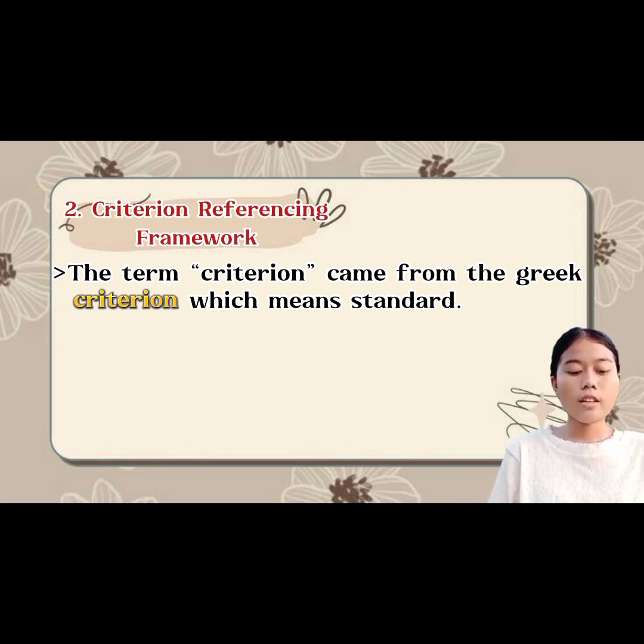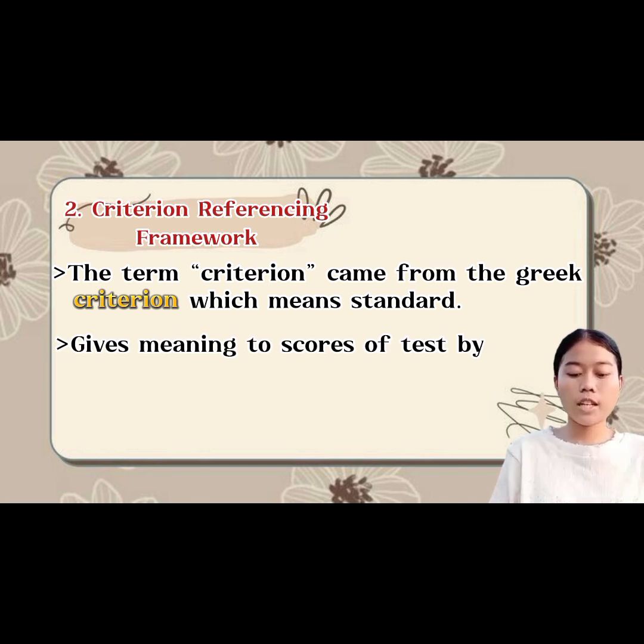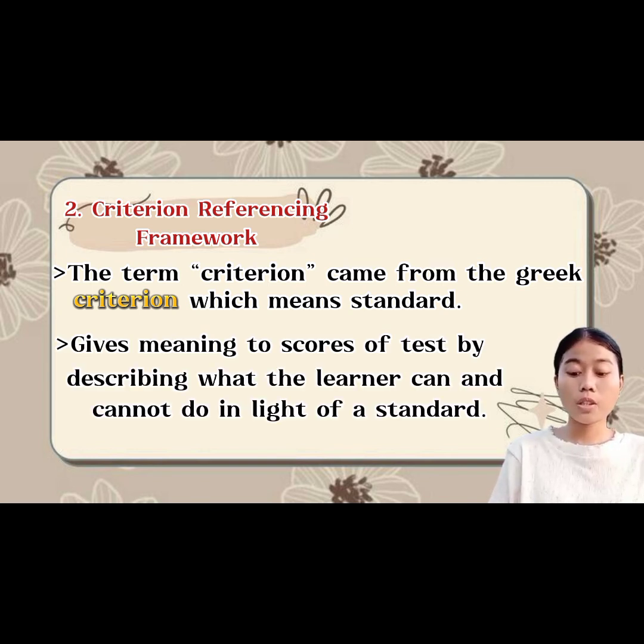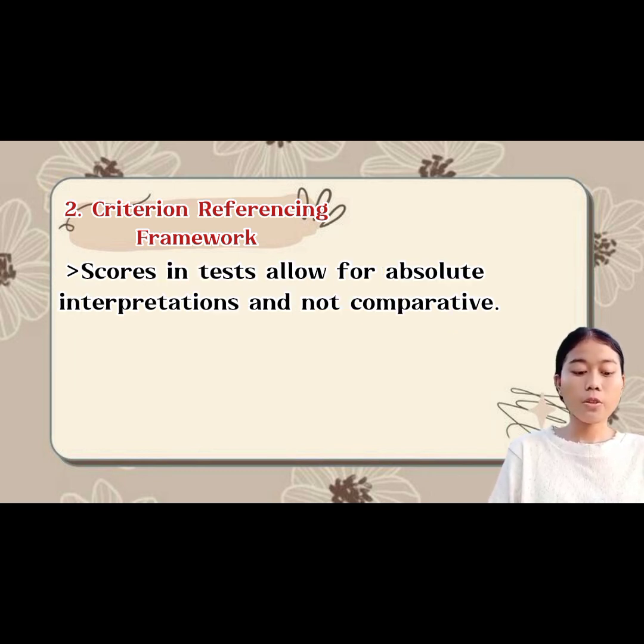And second, give meaning to scores of tests by describing what the learner can and cannot do in light of a standard. So, the teacher gives comments on the scores. And scores in tests allow for absolute interpretations and not comparative.